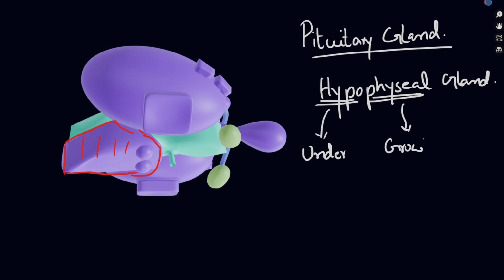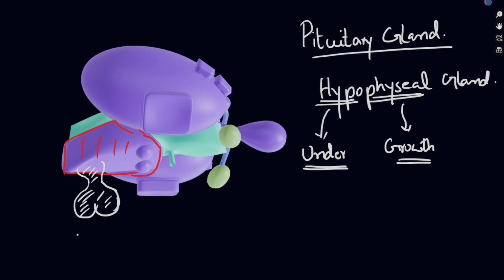So what it means is that this is basically a gland which appears as an undergrowth, under which thing? Under the hypothalamus. So here at the ventral part of hypothalamus there is an undergrowth, this scrotum-shaped undergrowth, and this is basically the pituitary gland.